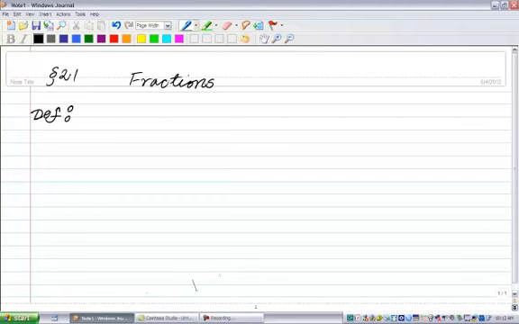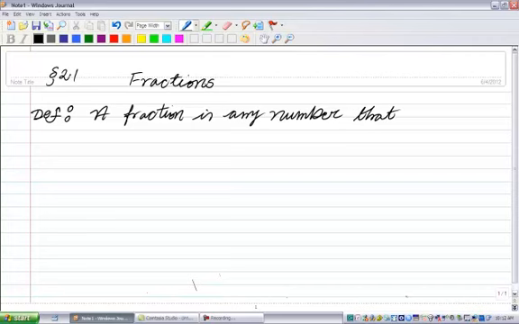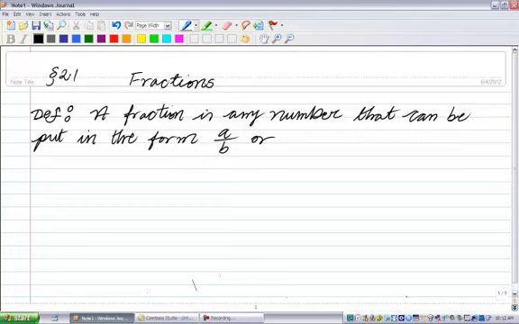So a fraction is any number that can be put in the form A over B, or sometimes people like to write it this way, A slash B, where B cannot be 0.